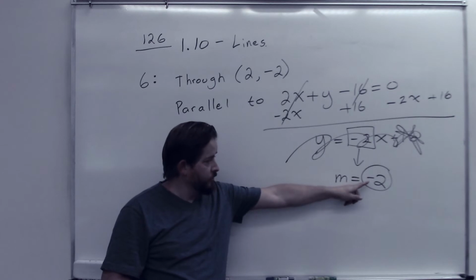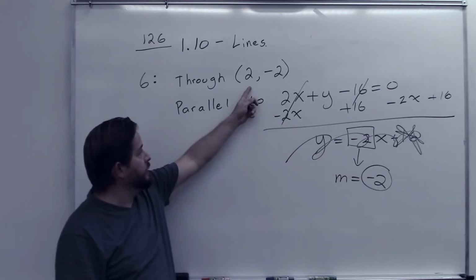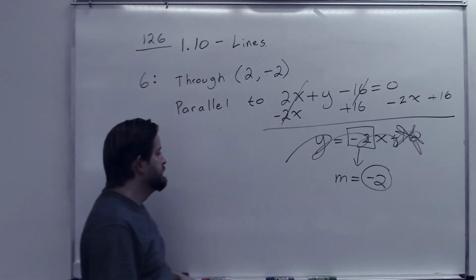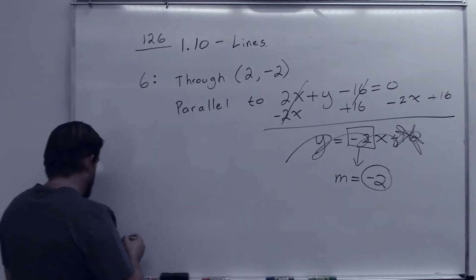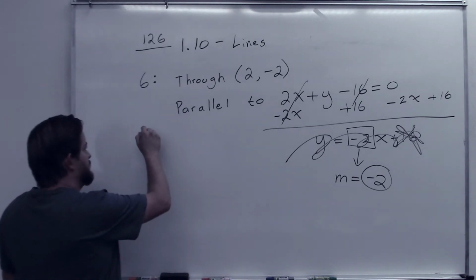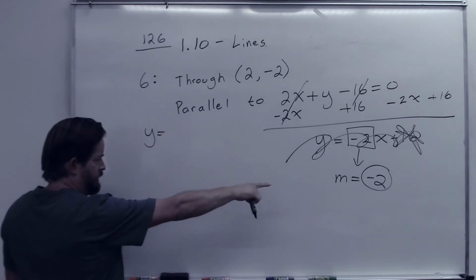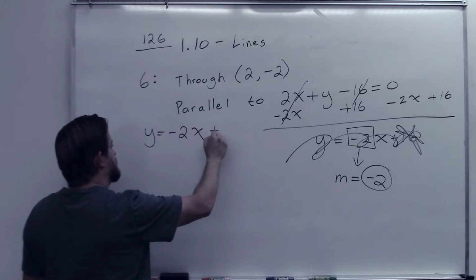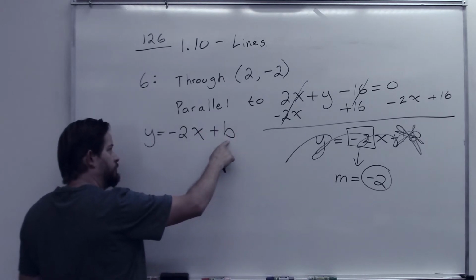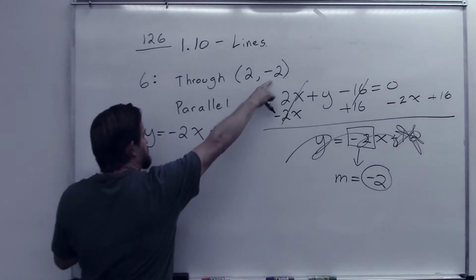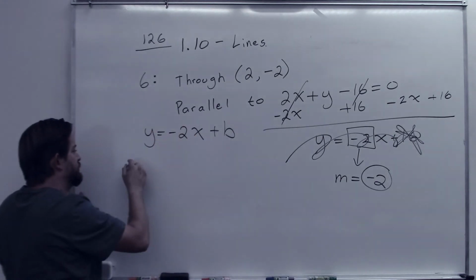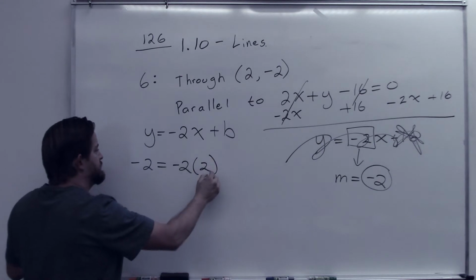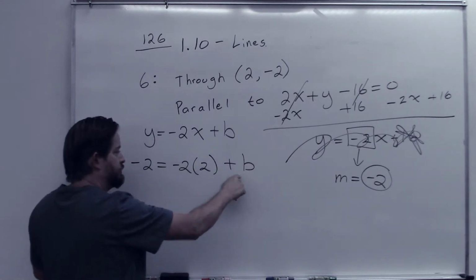But I have now a slope and a point, and so we're just like problem number 5, right?